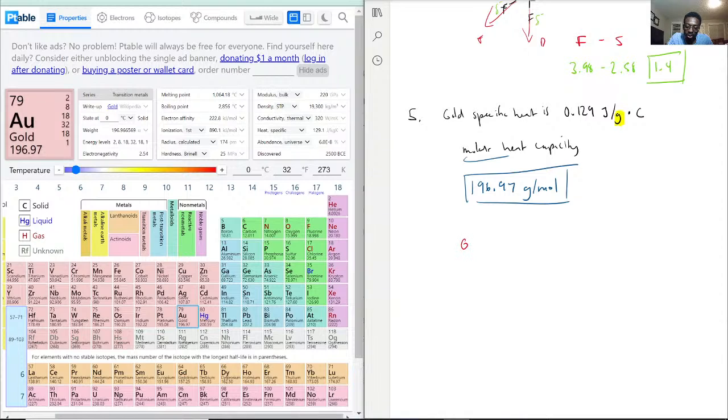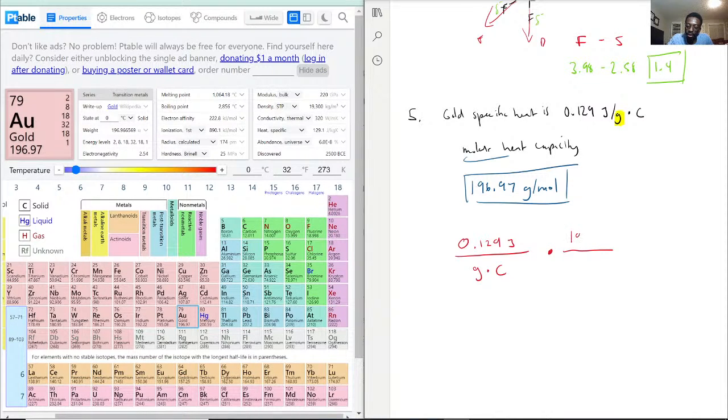So we first write down what our specific heat is when we're using grams. 0.129, okay, joules, per gram times degrees Celsius. And now we want to cancel out the grams. So grams needs to go on top.